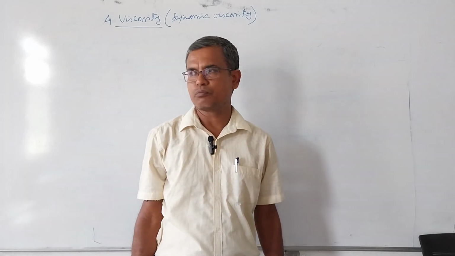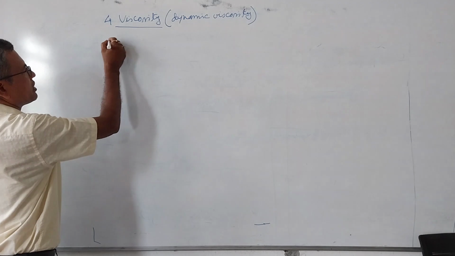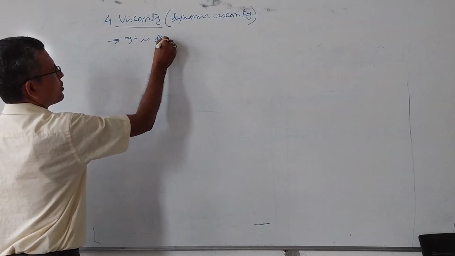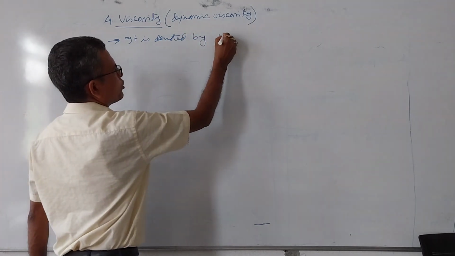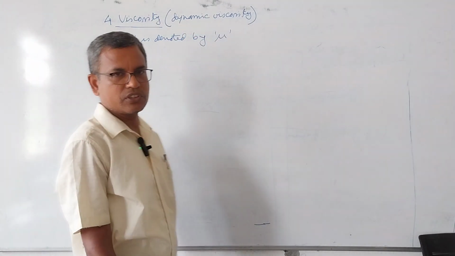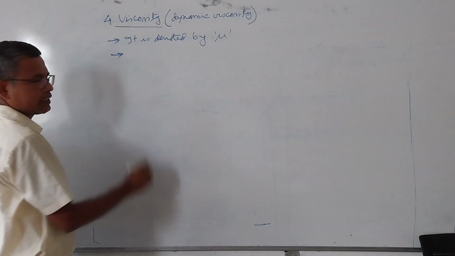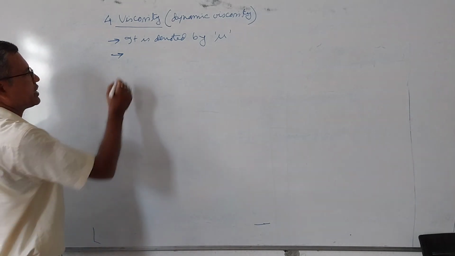First of all, I should write that it is denoted by mu. So, dynamic viscosity is denoted by mu.